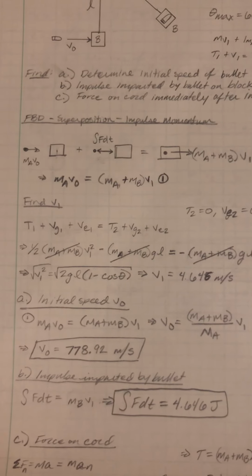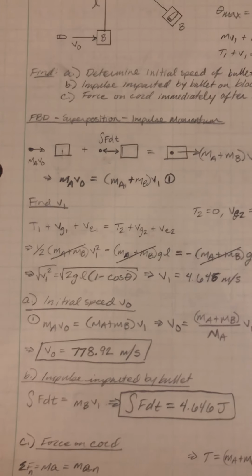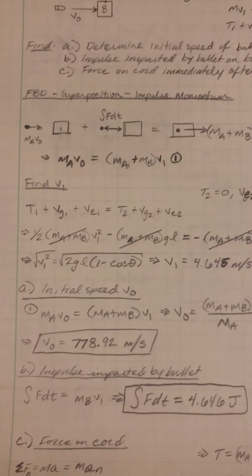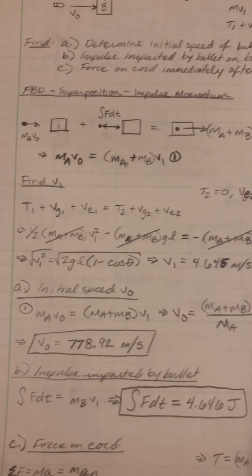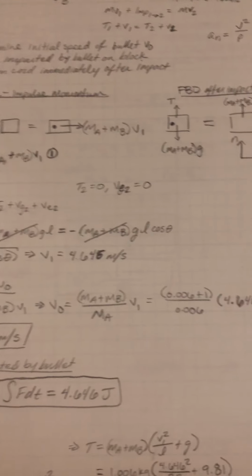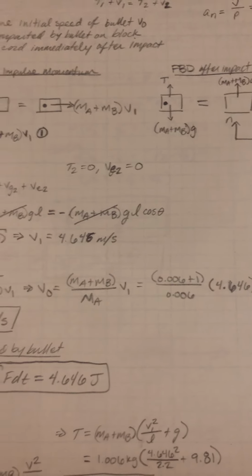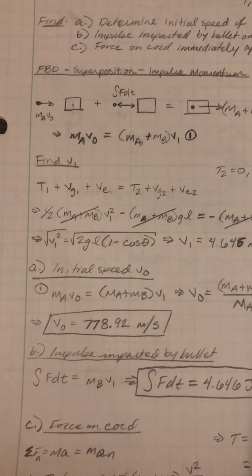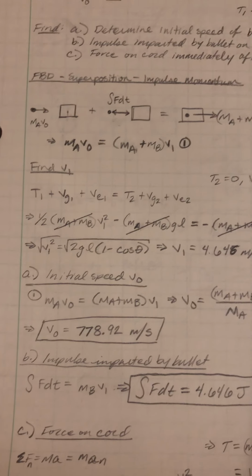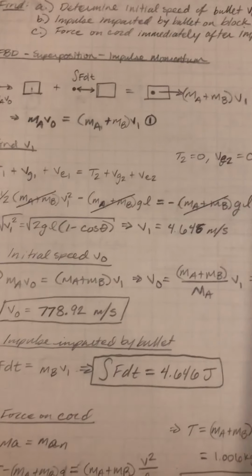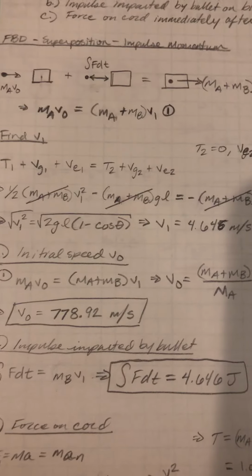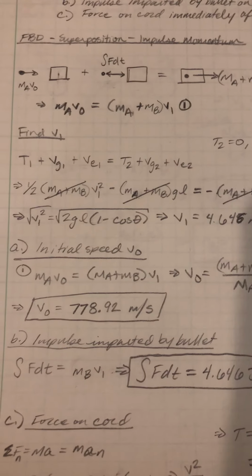Now that we have V1, we can plug that into this first equation and find V0. Manipulating it and plugging in our known values, we get that V0 is equal to 778.92 meters per second. This is possible if we use the full calculated value instead of the rounded value of V1.